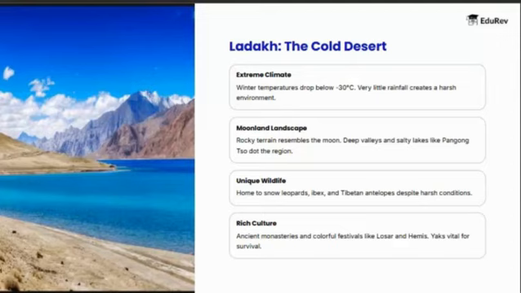It is called the moonland landscape because it has rocky terrain that resembles the moon, with deep valleys and salty lakes like Pangong Tso dotting the region. It has unique wildlife, home to snow leopards, ibex, and Tibetan antelopes. Despite harsh conditions, it also has a rich culture which includes festivals like Losar and Hemis, and yaks vital for survival.